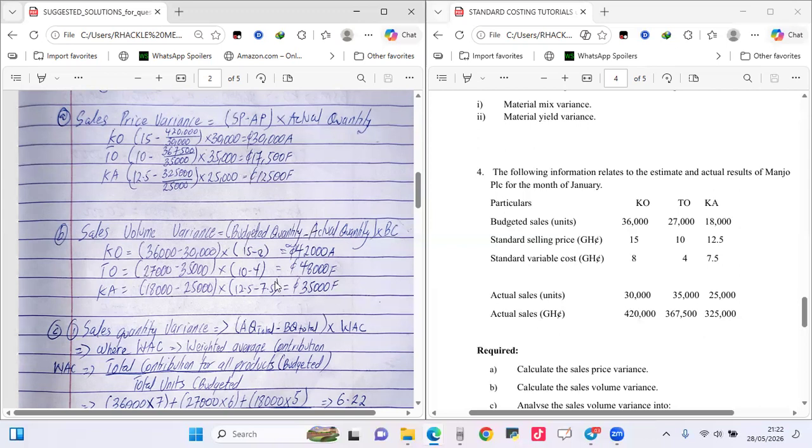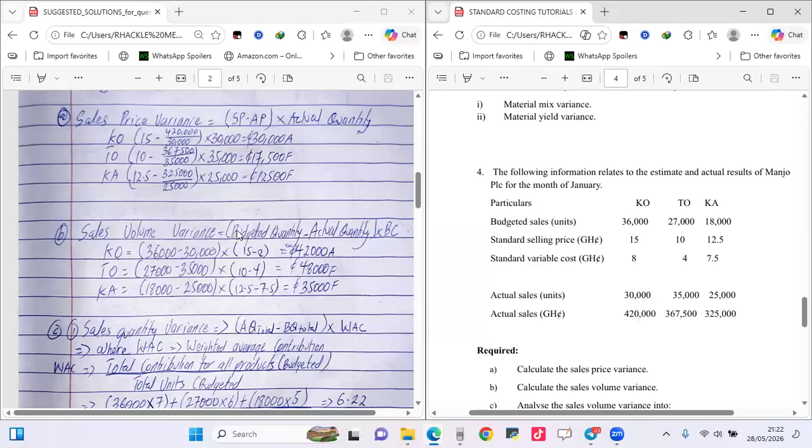Now, when we subtract, then we multiply it by the contribution, where the contribution is just the selling price minus the standard variable cost, or the budgeted variable cost. So we did 15 minus 8 for the first one, and then we had 42,000 adverse.